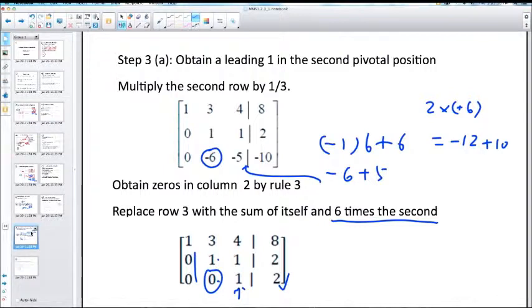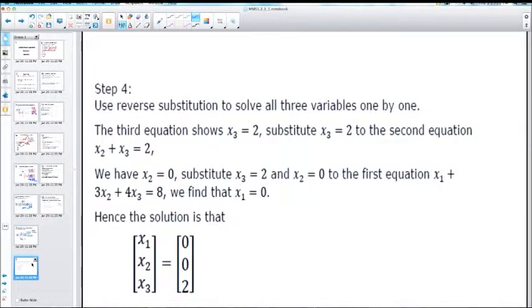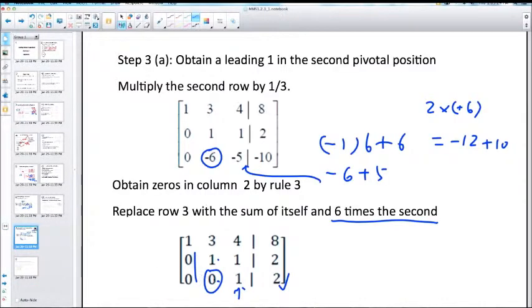Now, what you can see from this representation, the third row is really what matters. Let's translate it back into an equation: 0 times x plus 0 times y plus, no, 1 times z equals 2. Then you get z equals 2.